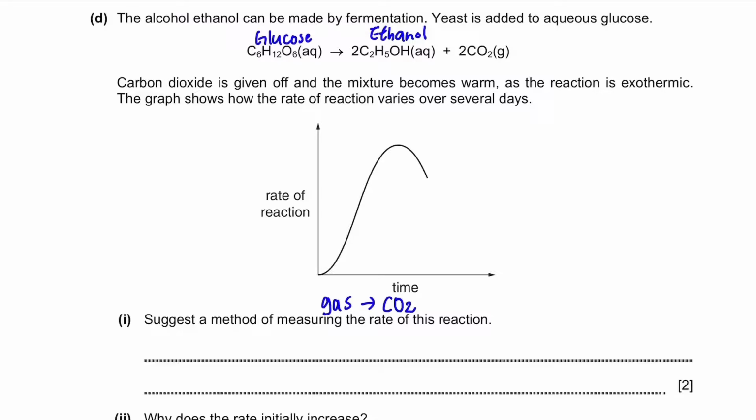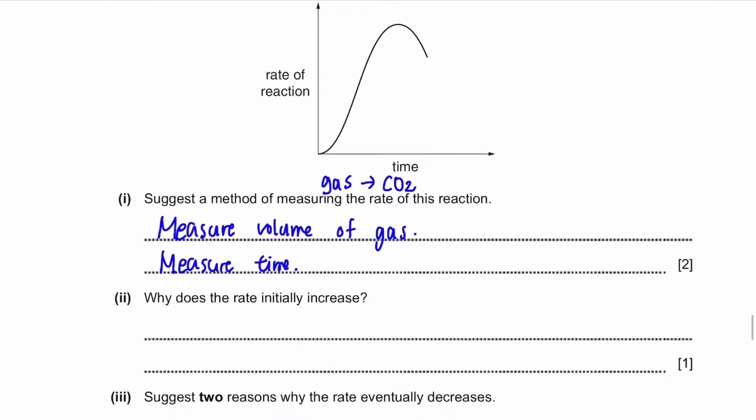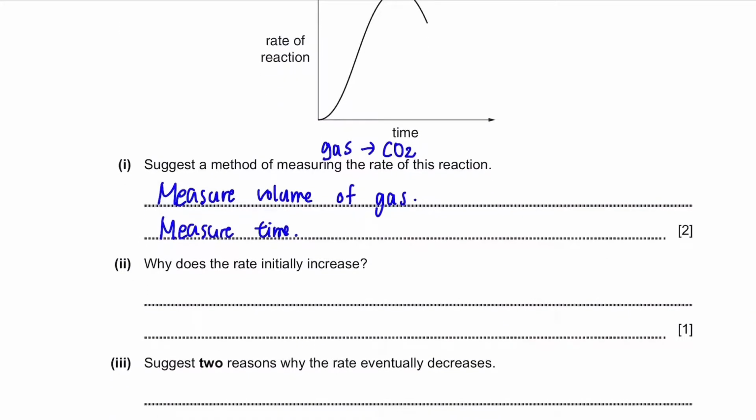So the answer is measure volume of the gas and also measure the time because we want to know how much gas is produced over a certain period of time. Another tip, if the questions mention the word rate, most of the time they're related to the time.